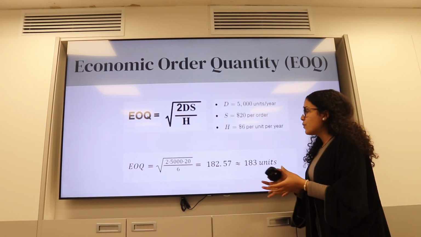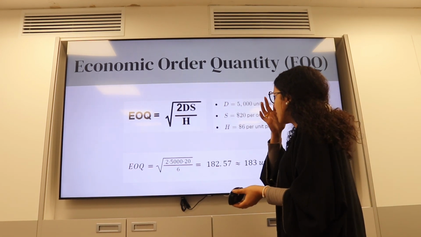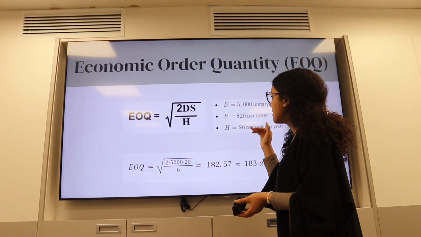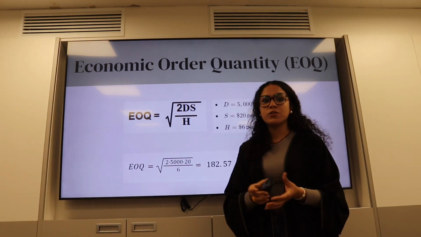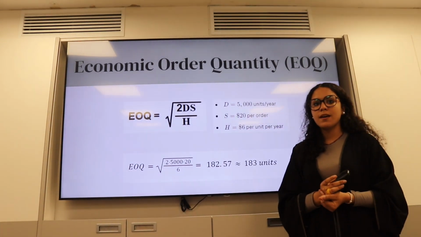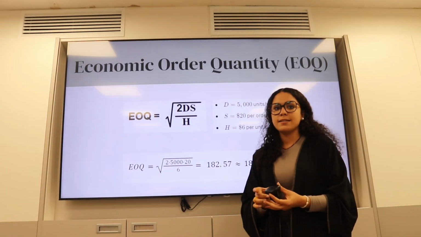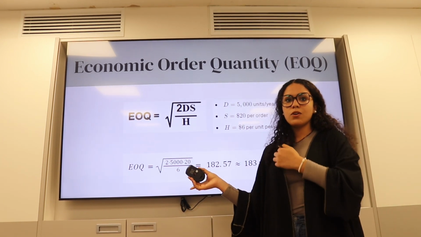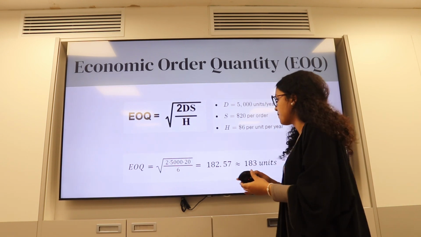Well, the formula is the square root of 2 times D times S divided by H. D is the annual demand, S is the ordering cost per order, and H is the holding cost per unit per year.